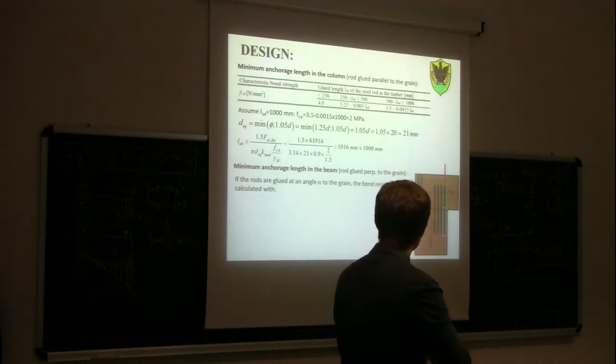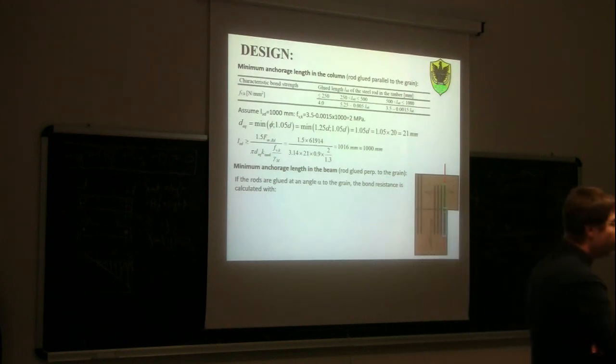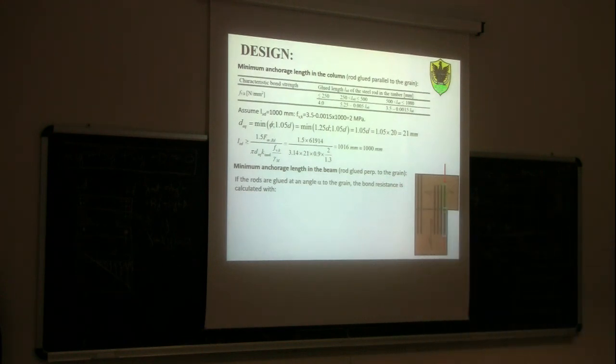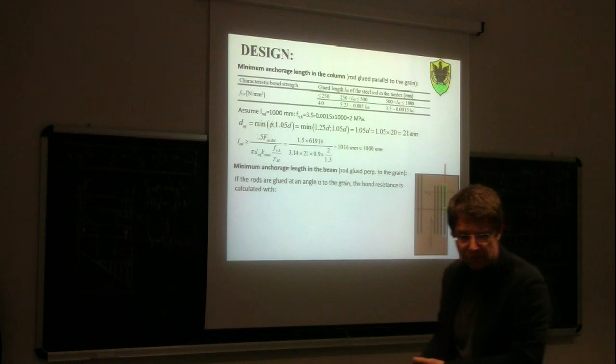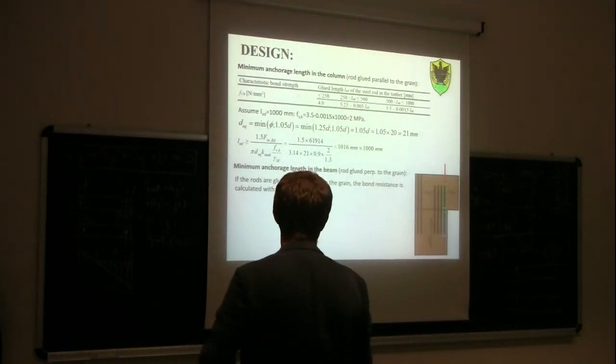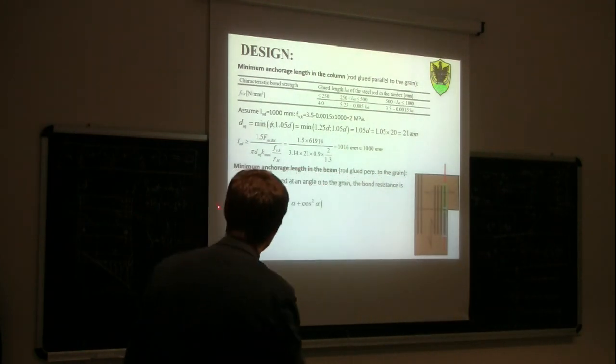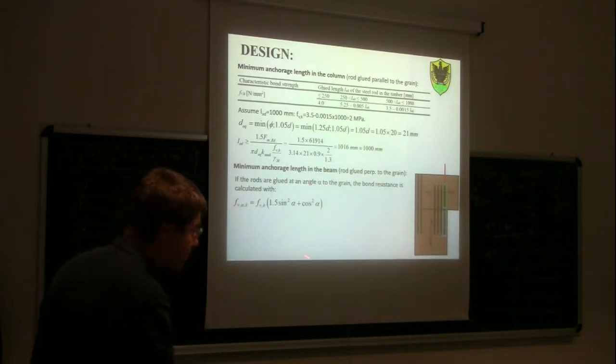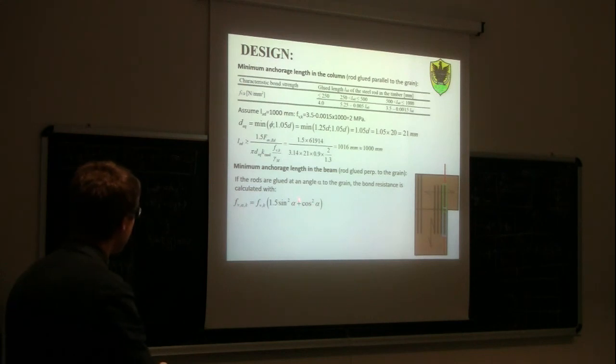Then we need to calculate the anchorage length also in the beam, which is different from the other one. Why is it different? It's different because in the column the rods are bonded parallel to the grain. In the beam the rods are bonded perpendicular to the grain. So also the bond strength is different. The bond strength, as you can see here, depends on the angle alpha between the rods and the grain.